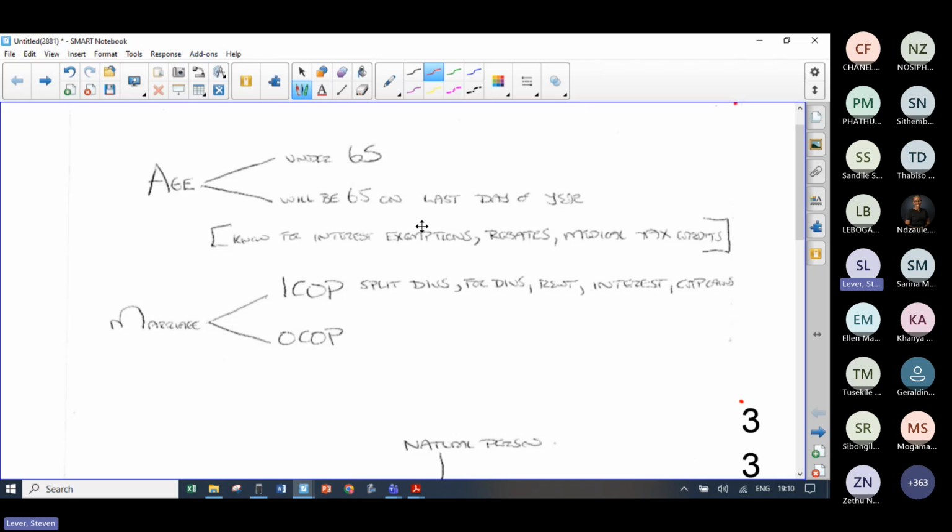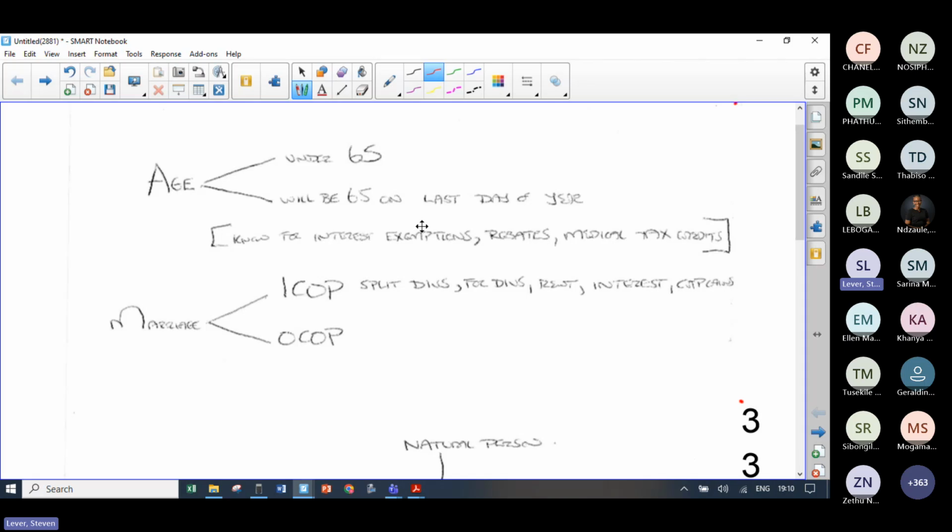So often in a question, they say his birthday is the 10th of January, but he died on 31 December, 10 days before his 65th birthday. Guys, if someone dies but would have been 65 on the last day of the year, you get the 34,500 interest exemption, obviously times by the number of days.